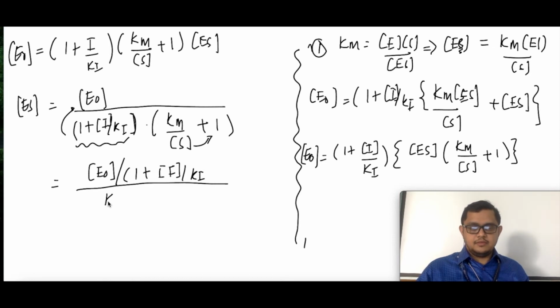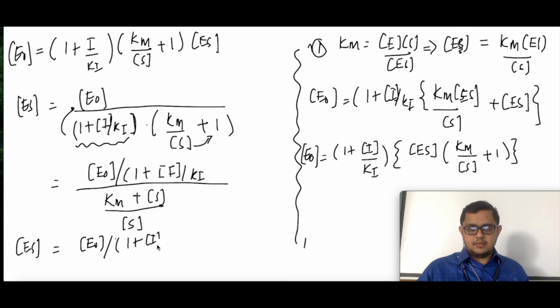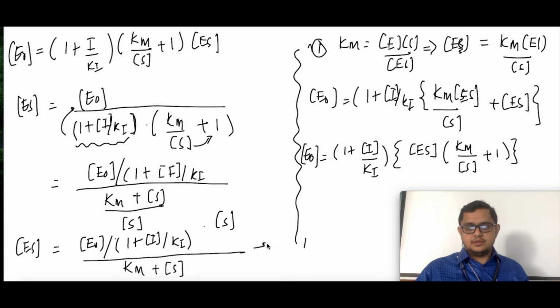If I am taking LCM, this is Km plus S, whereas the bottom S is divided by S, so this S can go up. So it becomes ES equals E naught divided by 1 plus I by Ki into S, whole divided by Km plus S. So you can take this as equation number 5.